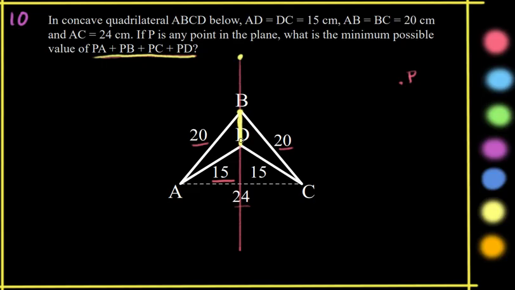So if you're trying to find the best place to put P on this segment, you wouldn't need to consider the distance to B and D, because that sum is going to be the same no matter where you put it. So you just need to consider the distance from A and C, and quite clearly it's best to go as low as possible. So you'd want to be here at this point, right there.